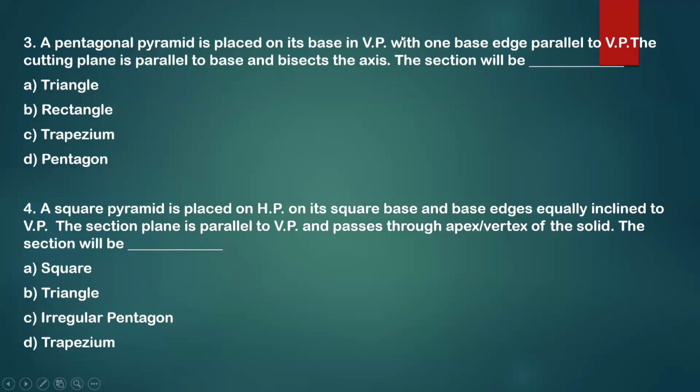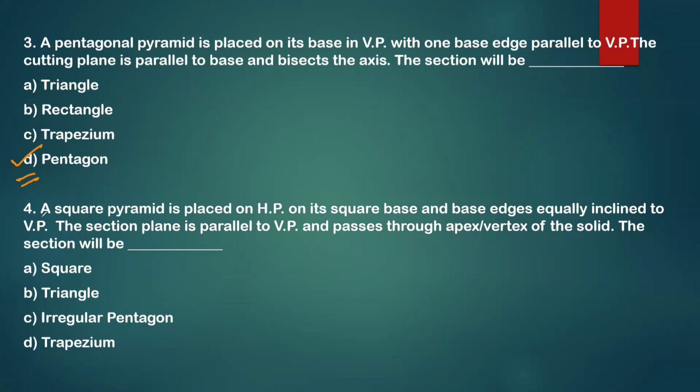So here our option D will be the correct one. Since it is a pentagonal pyramid, we will not get a triangle, rectangle, or trapezium. Other possibilities we can also check. That's why the pentagon is the correct one.